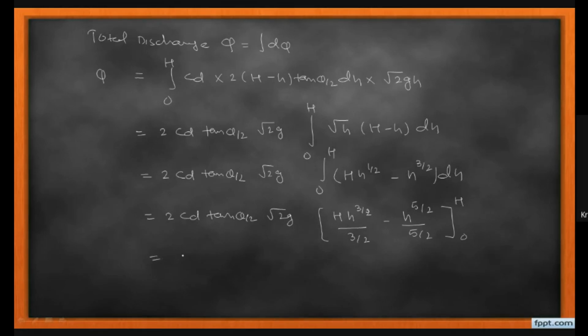Now we put down the limit. So we get 2 Cd tan theta by 2 square root of 2g into capital H into capital H to the power 3/2 divided by 3/2, minus 2 into capital H to the power 5/2 divided by 5.